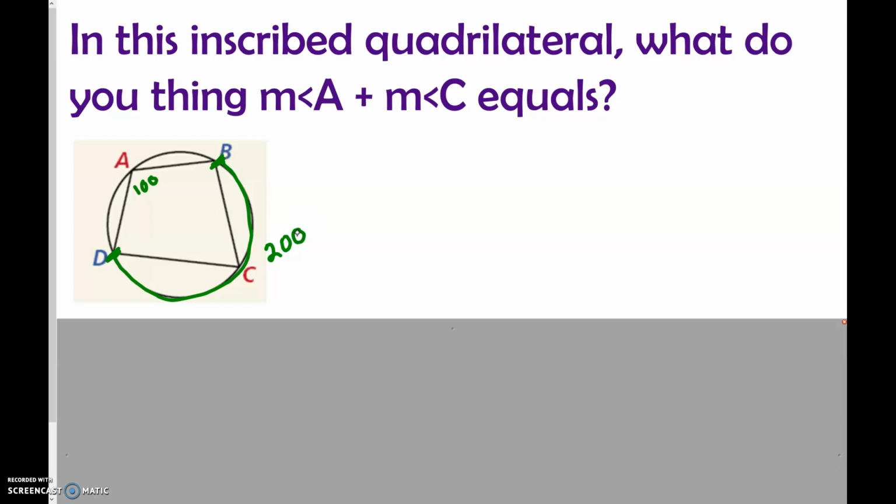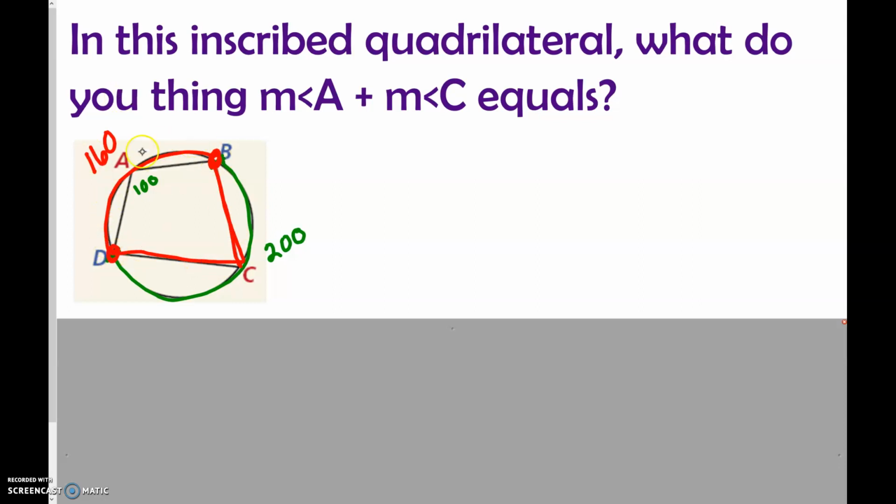Well, if that's 200, then what is left for this part? Because around the whole thing is 360. So if that's 200 and the whole thing's 360, doesn't that leave this red part to be 160? Now, isn't angle C the intercepted arc to this part right here?